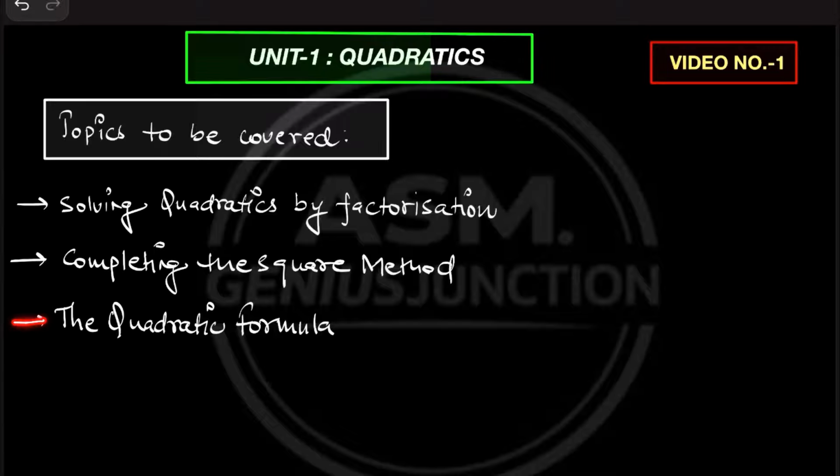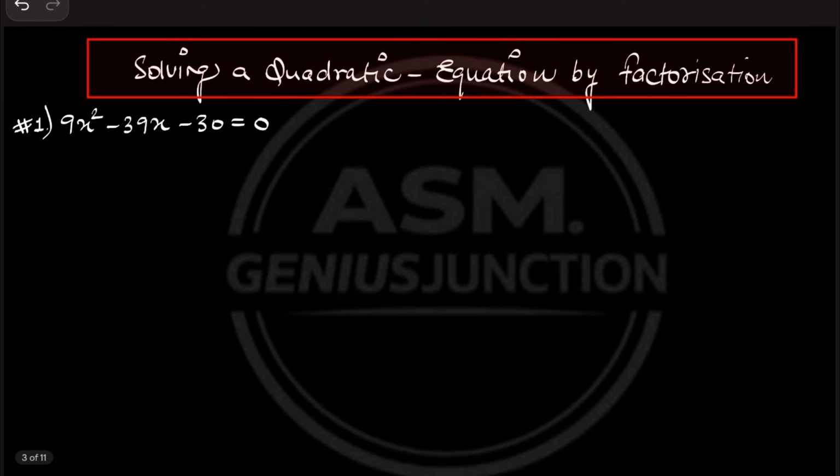Then, of course, we will discuss the quadratic formula, that is, the calculation of roots of a quadratic equation in exact form. If there is a question which asks you to write down the answers in exact form, in that case, we need to use the quadratic formula. Okay, so let's start with the first topic of this video, solving a quadratic equation by factorization.